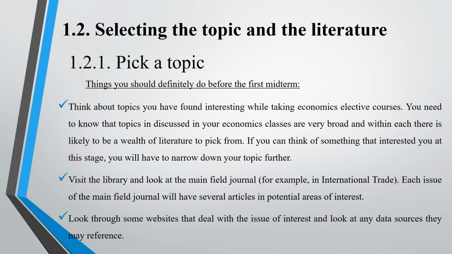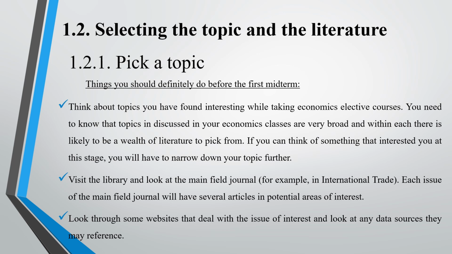The topic and the literature. So let me give you an example. For instance, you are in your economics classes and you find an interesting topic. So if you can think of something that interests you at this stage, you'll have to narrow down your topic further.